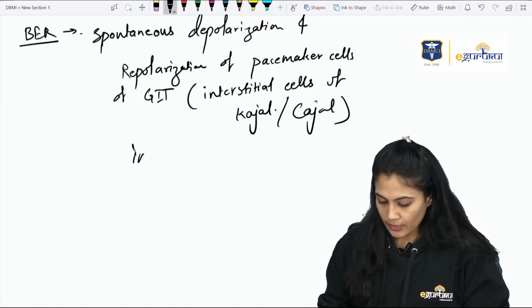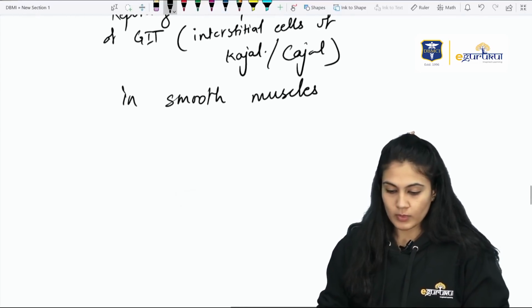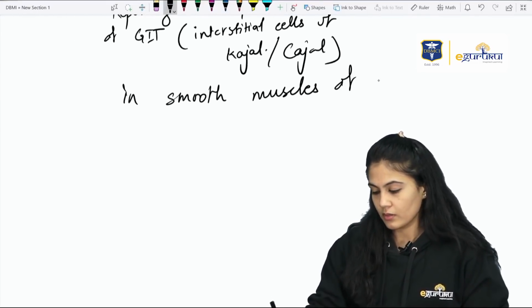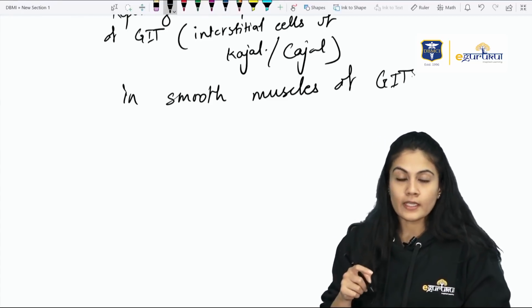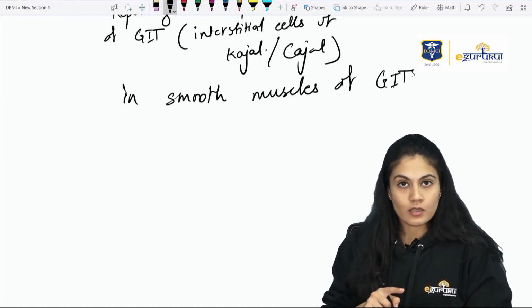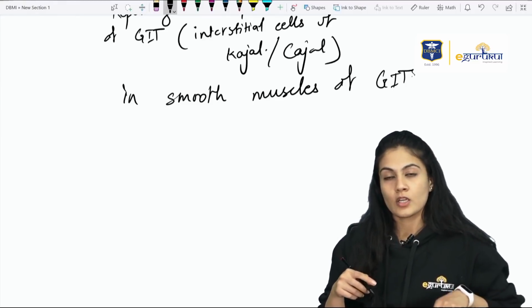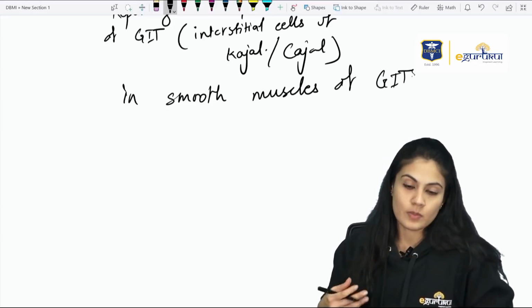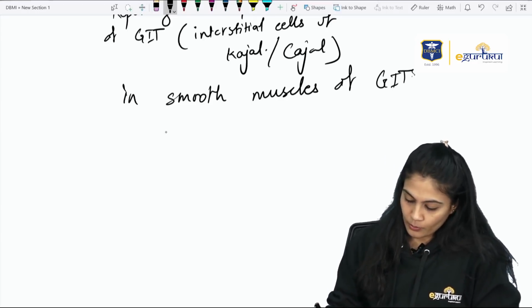These cells are present in the smooth muscles of the GIT, but not in the whole GIT. The esophagus and the proximal portion of the stomach do not have these pacemaker cells. So where are they present? They are not present everywhere.